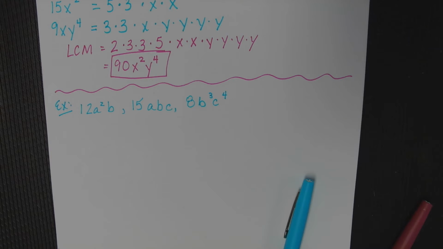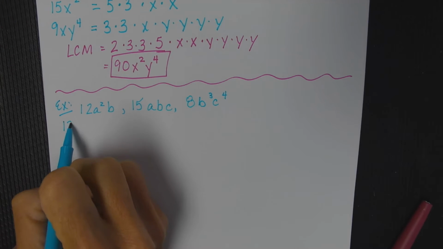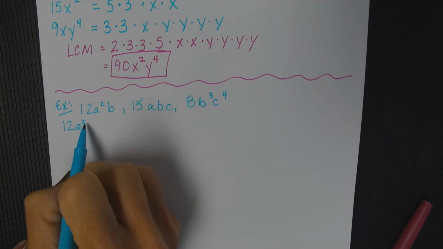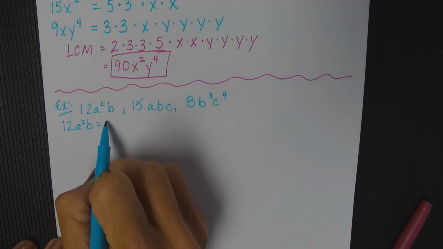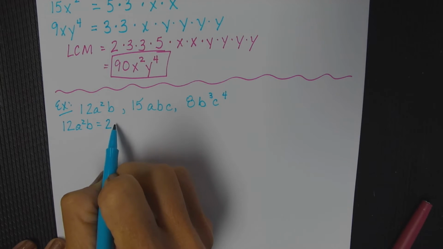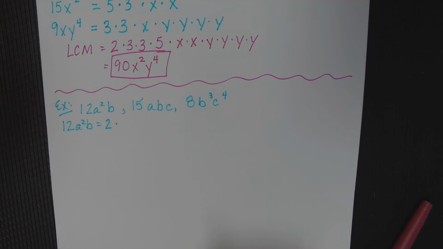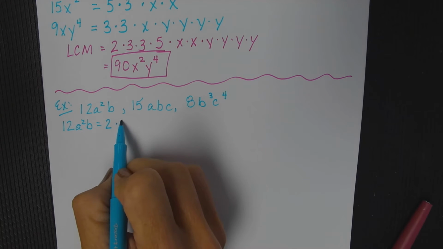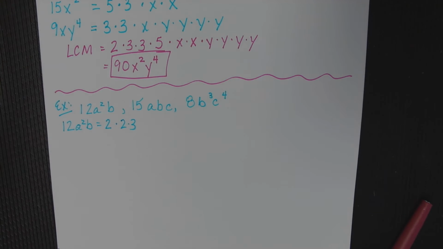Yes, ma'am. I was having a question, but for 12, it says there's like 6 and 2 and 4 and 3. Prime factorization, so you want to do a squared b. I'll start it out. You have 2 times 6, right? But 6 is 2 times 3, so 2 times 2 times 3. You got it? So just make it smaller.